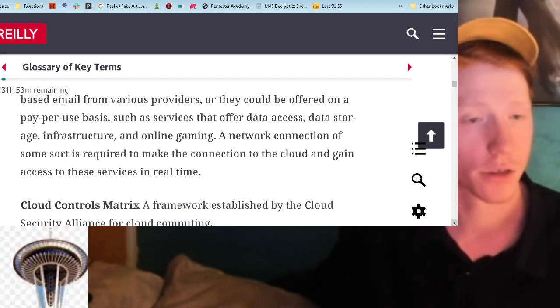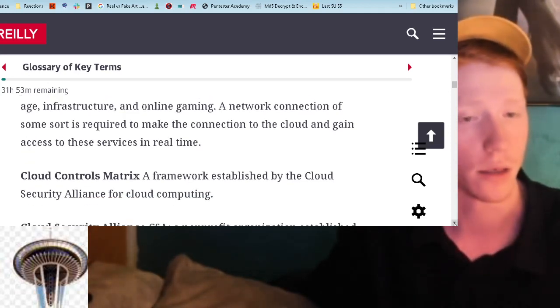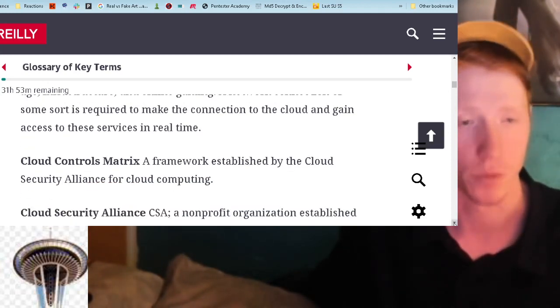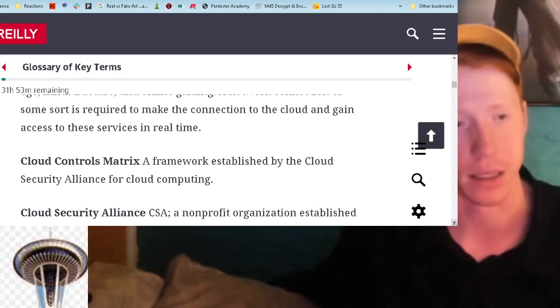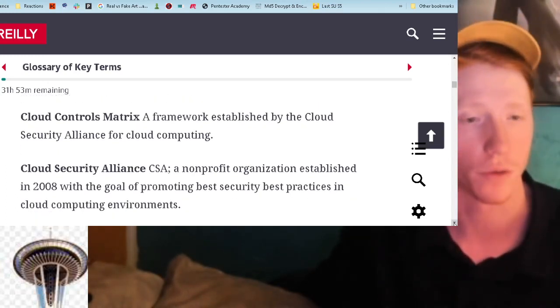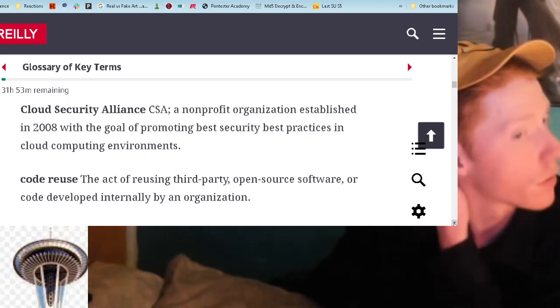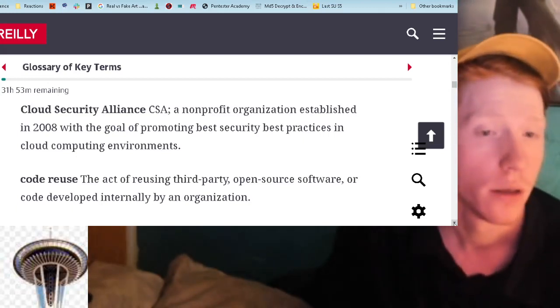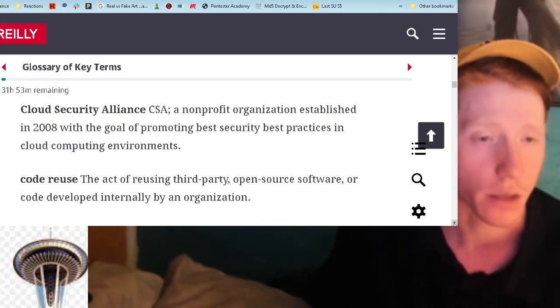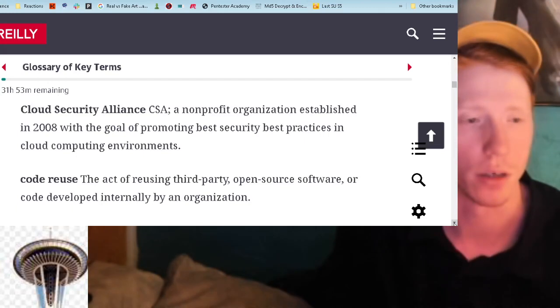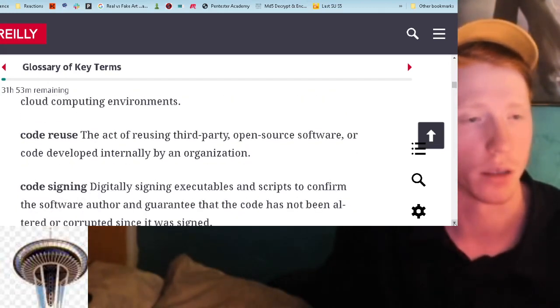For storage, infrastructure, online gaming, and a network connection of some sort is required to make the connection to the cloud. Cloud Controls Matrix, a framework established by the Cloud Security Alliance for cloud computing. The Cloud Security Alliance was established in 2008 with the goal of promoting best security practices in cloud computing environments.